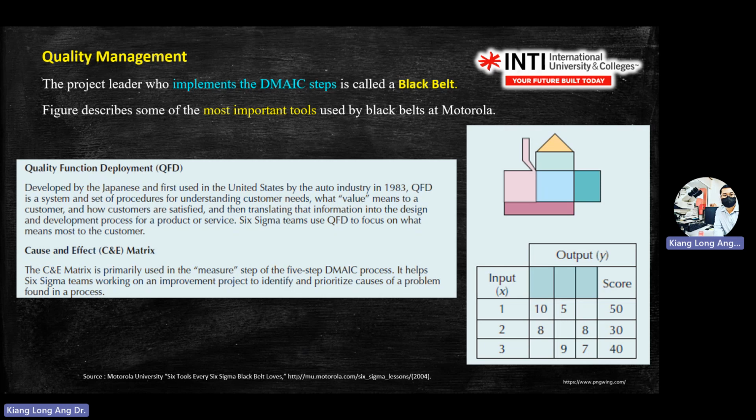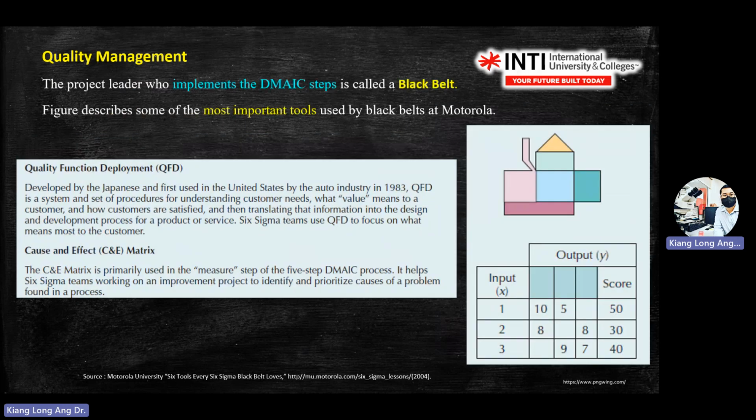House of quality is especially important when you work in the R&D department. You identify customer requirements and then you do some analysis. Okay, so there are some tools. One is house of quality, quality function deployment, cause and effect matrix. Just now I showed you already.